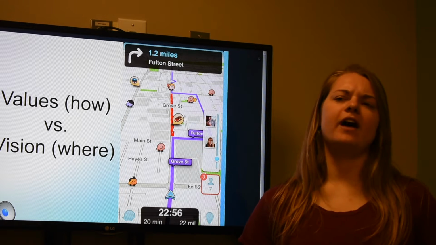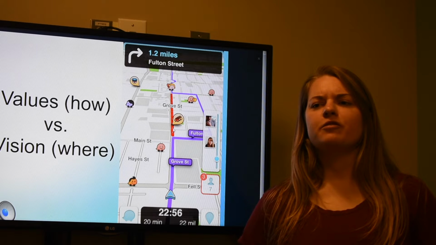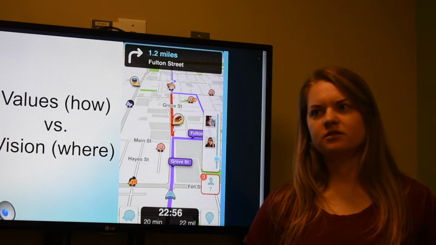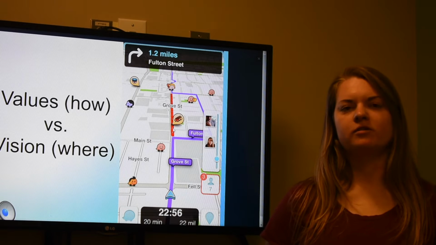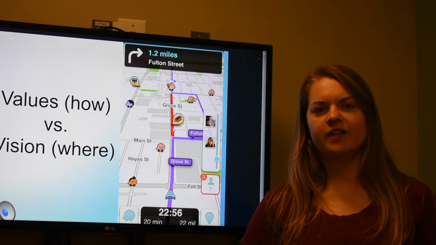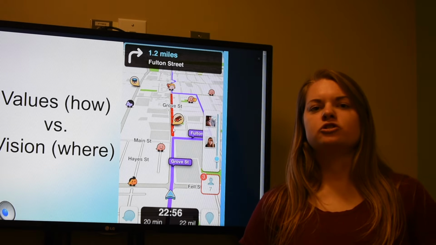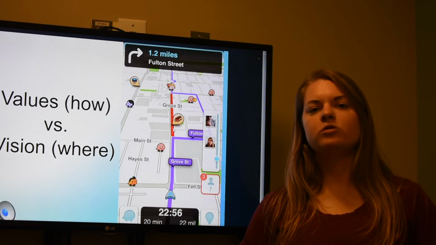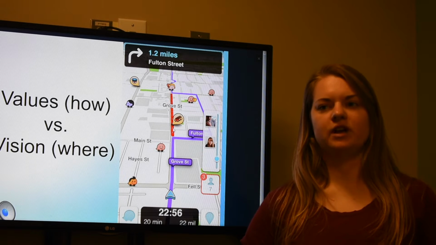Say you look at a list of values and you say, well, I have all those and I value all those things. That's totally normal. But it is so important to narrow down that list to identify what you value, what's most important to you individually.